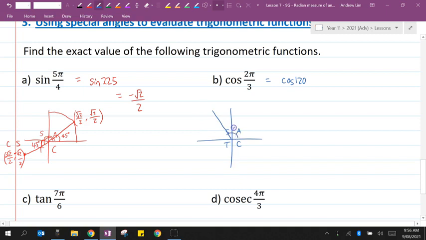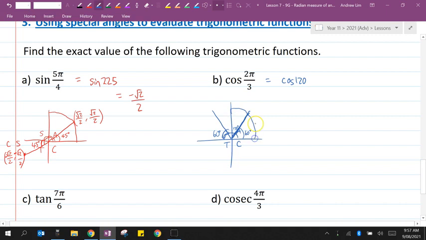That's about 120. Which means that this bit here, this is the reference angle, right? Always between the line that we draw and the x-axis, the horizontal. So this has to be 60 degrees. Which means that the reference angle here has to be 60 degrees.